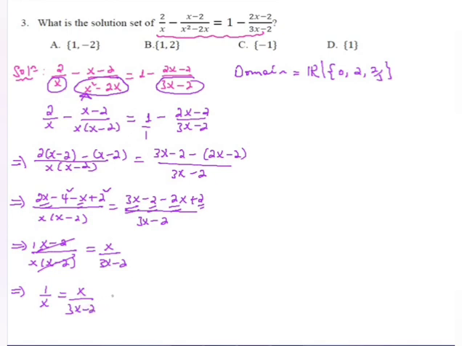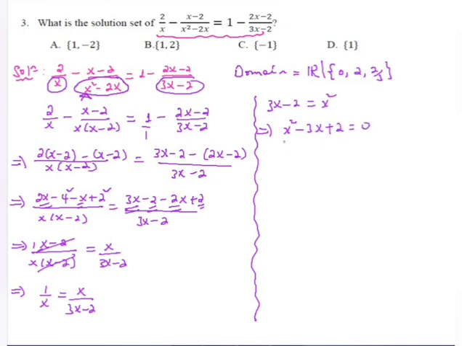Now use crisscross. So using crisscross, it becomes 3x minus 2 is equal to x squared. This implies, collecting all the terms on one side, x squared minus 3x plus 2 is equal to 0.